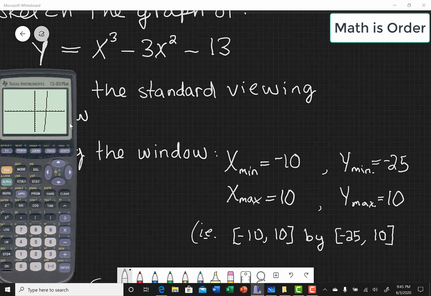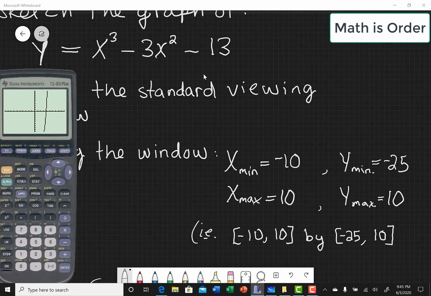So these calculators can be misleading in giving you a graph of an equation that's really not accurate. This is just one part of the graph of this equation.